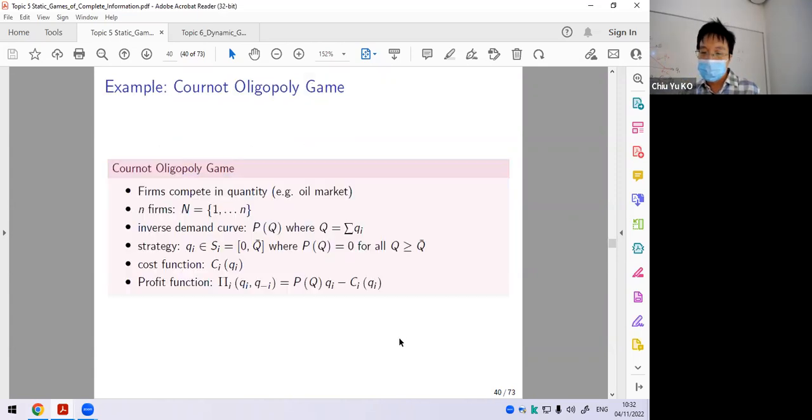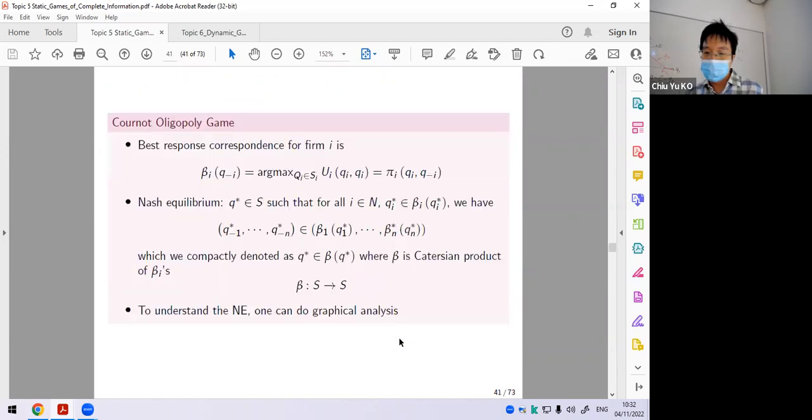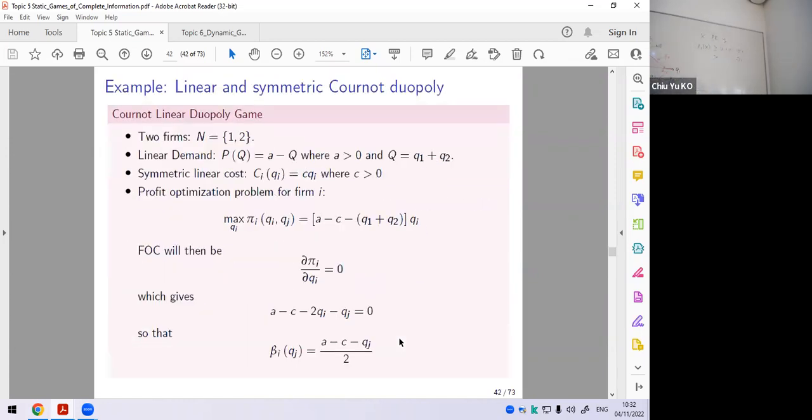The derivation of this implies this is positive. You have to make sure that this is not going to be anything negative, because you always have the choice not to produce anything.